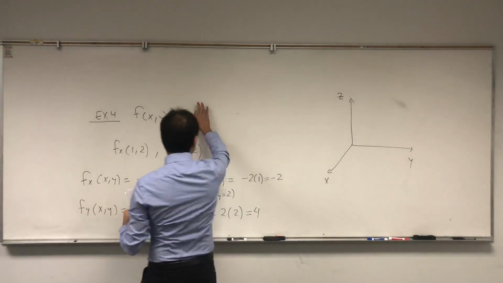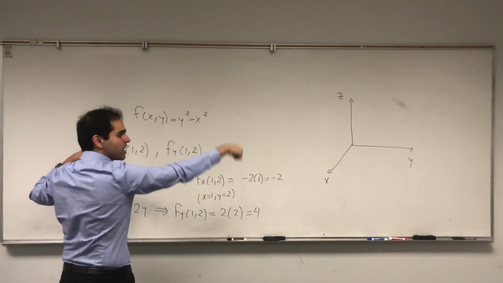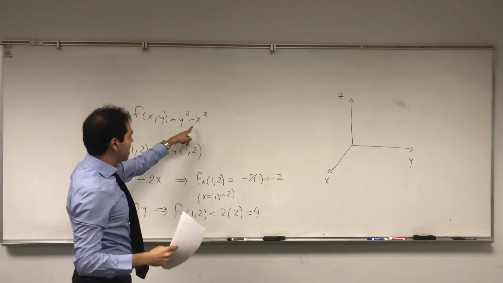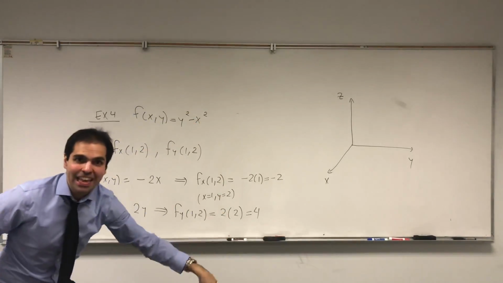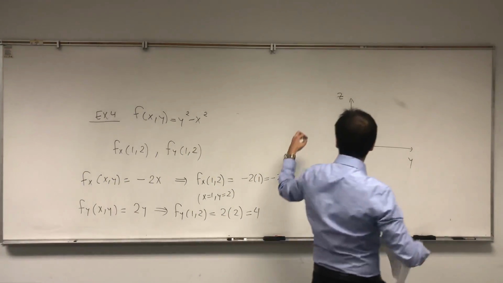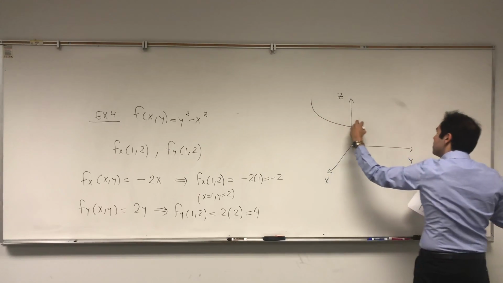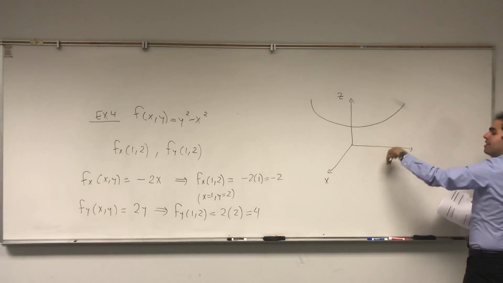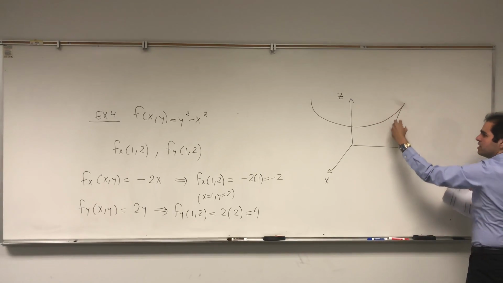With respect to y, it looks like the parabola that goes down and then up. But with respect to x, it looks like the parabola that goes up and then down. So in this direction it curves downwards, but in the x direction it curves downwards in this case.